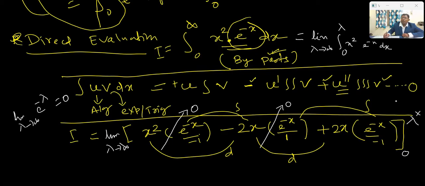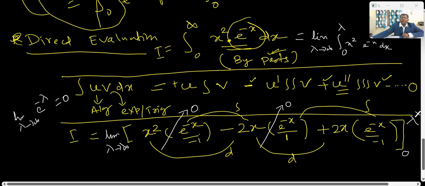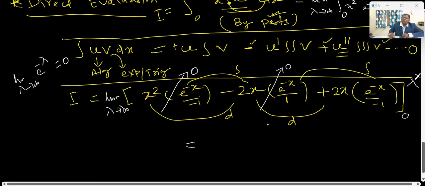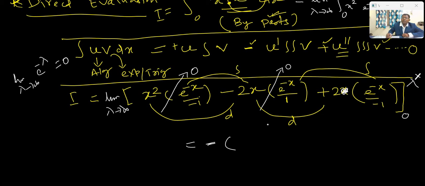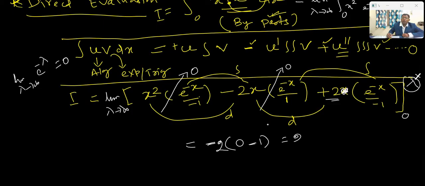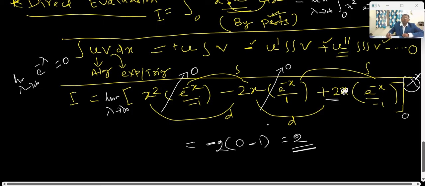What will work is, we have a negative sign here, so this is equal to minus of, the derivative of 2x is plus 2, so it is minus of, putting e to the power minus infinity is 0, and putting 0 here, e to the power 0 is 1, so this is equal to 2. So therefore this integral converges to 2, right?